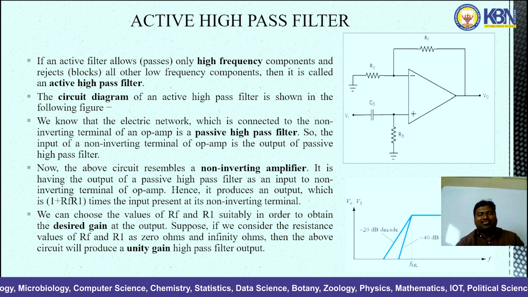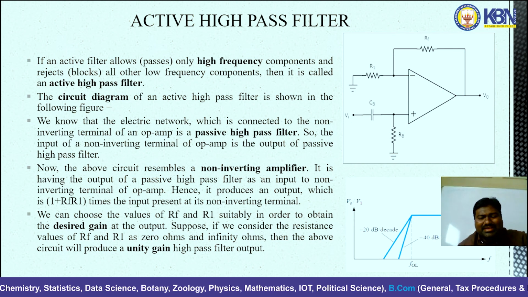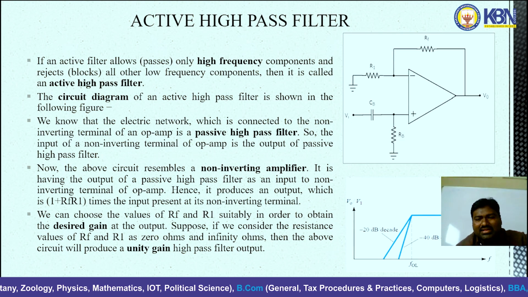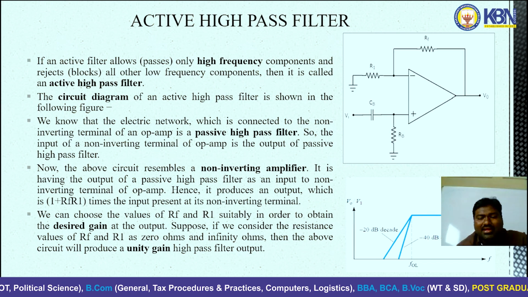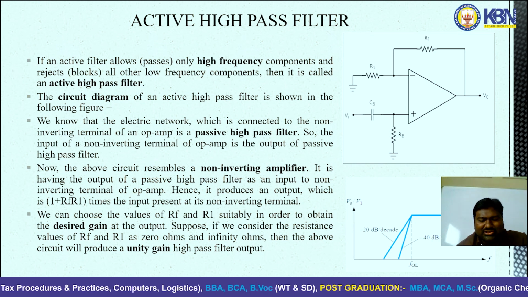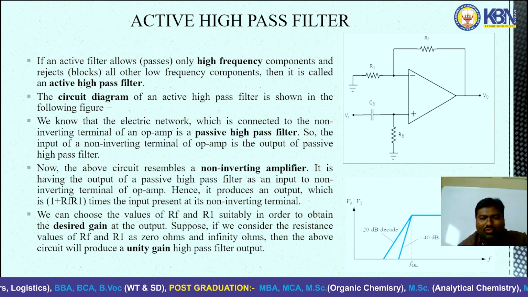In the graph shown in the figure, above the cutoff frequency is known as the pass band and below the cutoff frequency is known as the stop band. The cutoff frequency is where the output voltage falls to 0.707 times its maximum value.